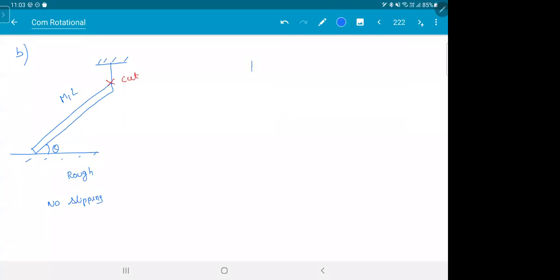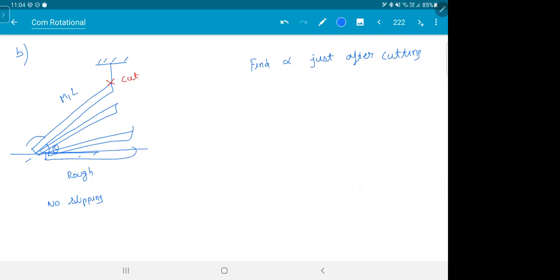Find alpha just after cutting. See here there is no slipping. What does that mean? Listen, see clearly. It will fall like this, no? Meaning it feels as if your point is fixed, isn't it? Think, since there is no slipping, it will not skid backward. It is fixed. It behaves as if it is fixed here. Does it make sense?